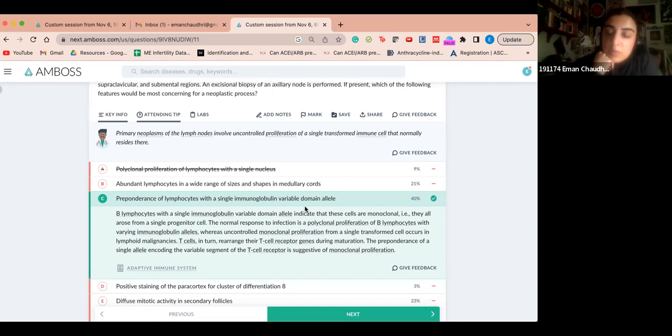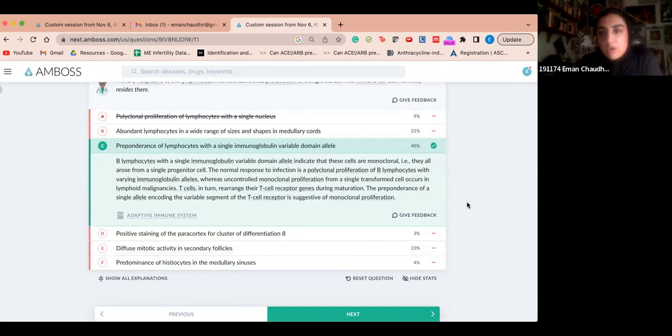If you have a single immunoglobulin variable domain allele, that is very concerning, because you call that restrictive gammopathy. That's basically what happens in multiple myeloma, for example, right? So if you see that, that is very concerning for malignancy, like a neoplastic process is occurring. Any of these other things can normally occur in your lymph nodes.